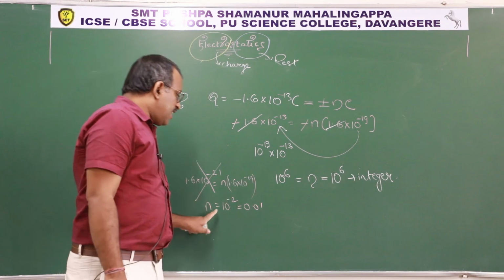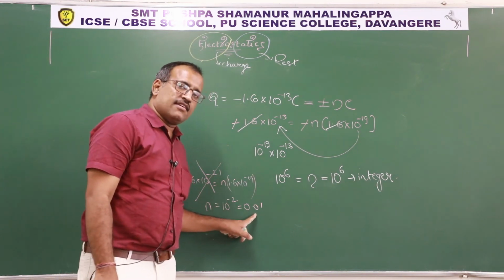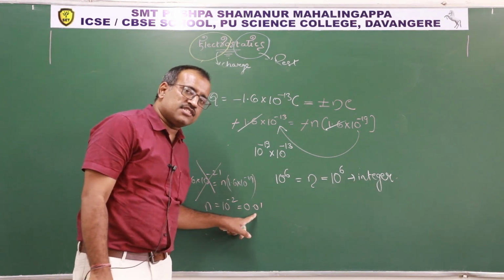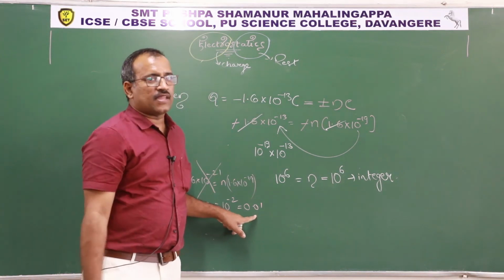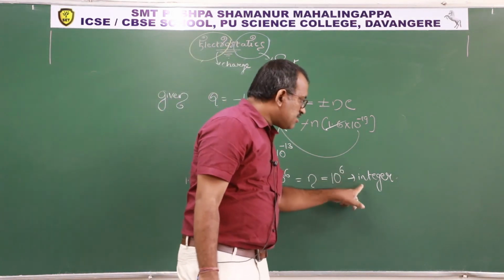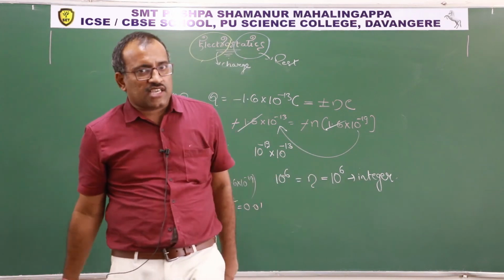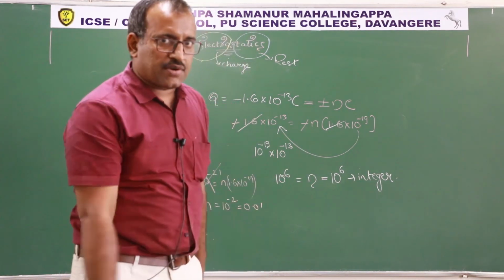Why? n is not a positive integer. Mind it, here n is an integer. This is how the cross checking should take place. Copy it down.